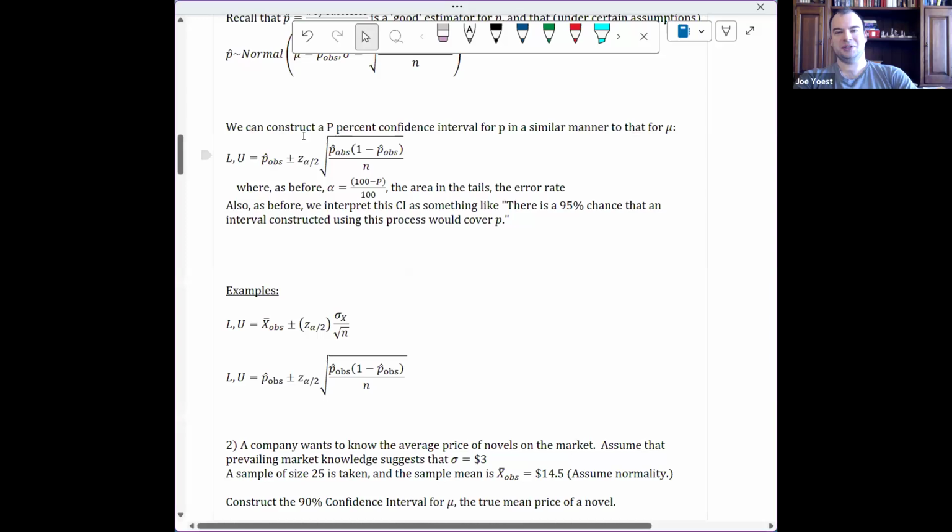So anyway, we construct a P percent confidence interval for the population proportion little p in a similar manner. We have our point estimate, P hat observed, plus or minus a margin of error. And the margin of error is a z-score times the standard error. This standard error is the same thing that came out of the central limit theorem for proportion.